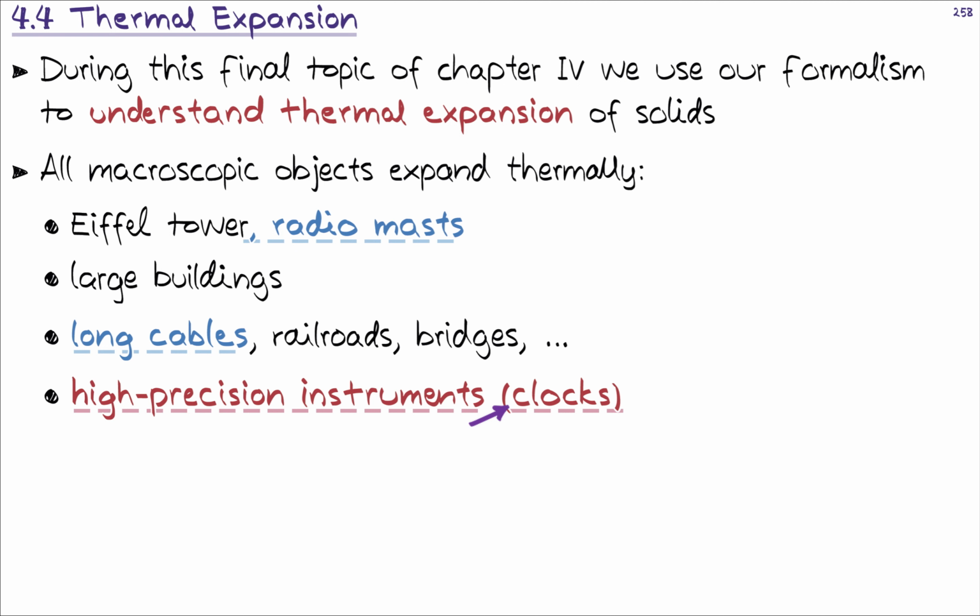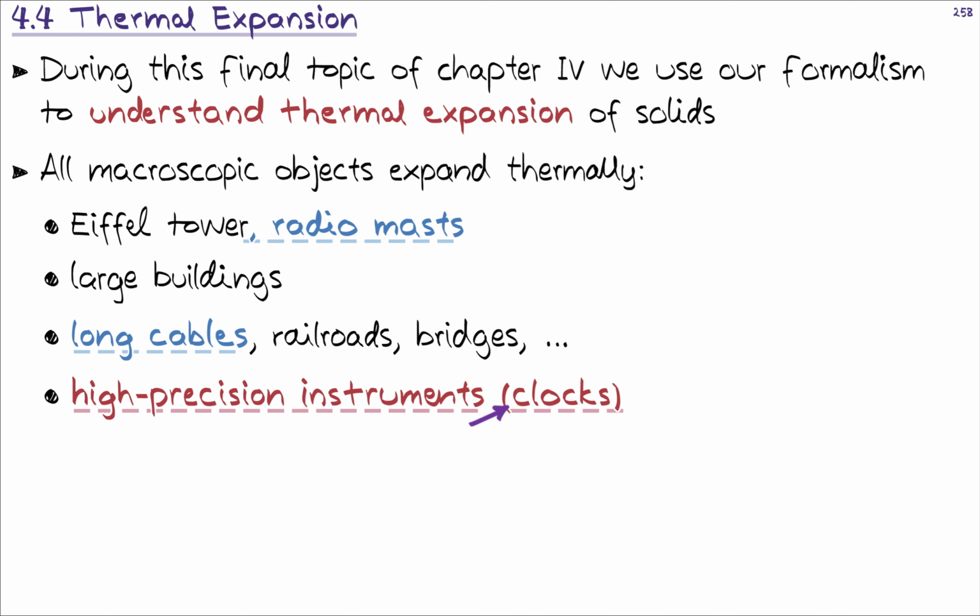A pendulum clock is essentially a harmonic oscillator, and we know that the oscillation of a harmonic oscillator depends on the length of your pendulum. If the length changes, then the oscillation frequency also changes, and then how you measure time changes, and you have this inaccuracy in precision in your measurement because of this.